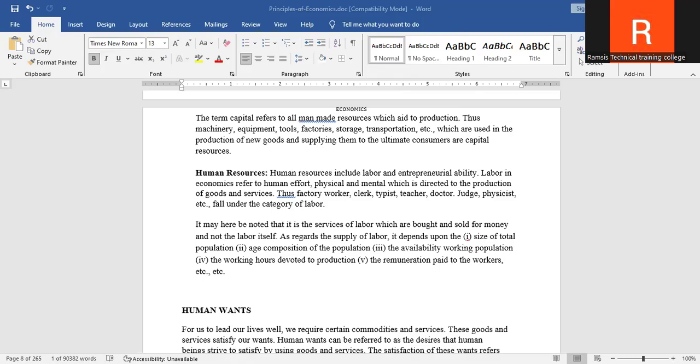Economics is the subject. Economy is the country, the financial position. Then when I talk about economies, we are referring to the benefits of large scale.